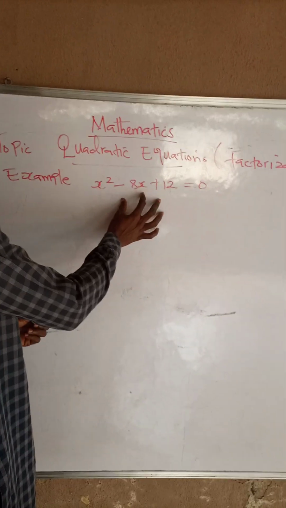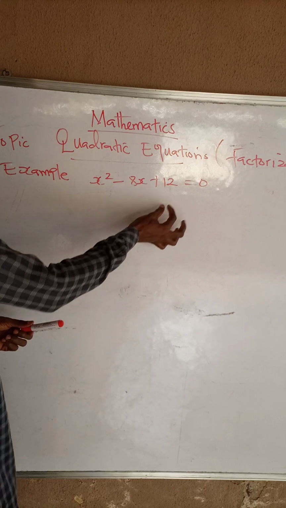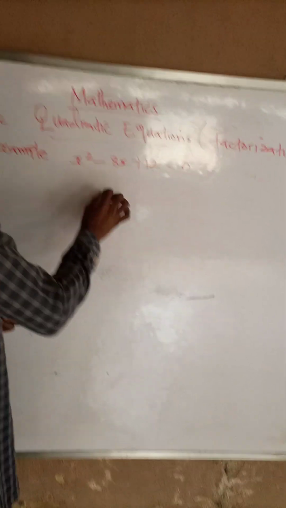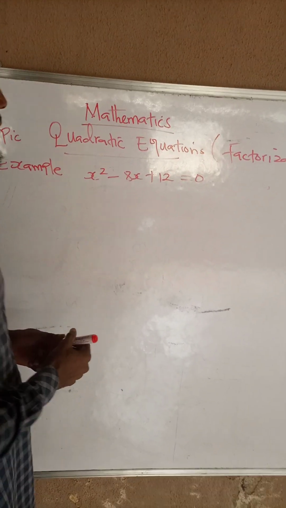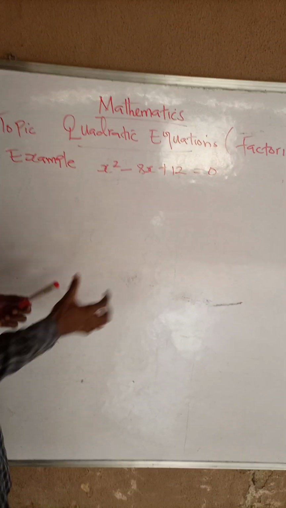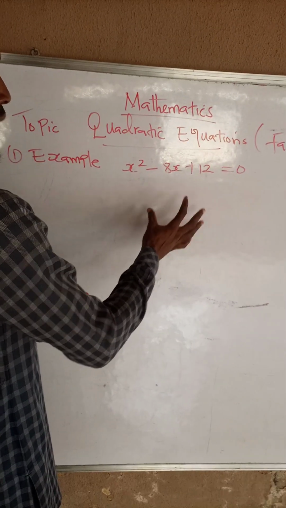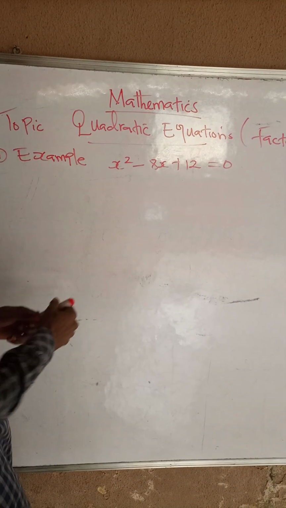And when we add them together, we have negative 8. When we multiply them, remember, they will give us what? 12. But when you add them together, they will give you what? Negative 8. Now we start looking for the factors of 12 that also work with 8.